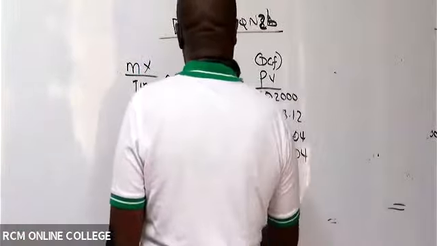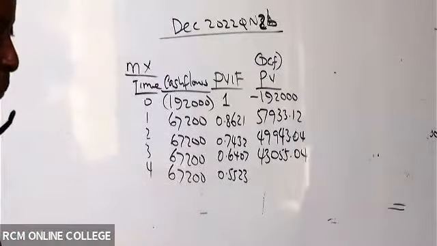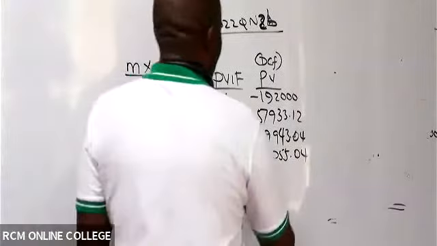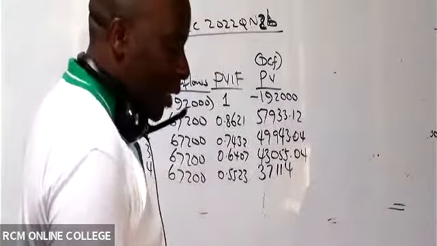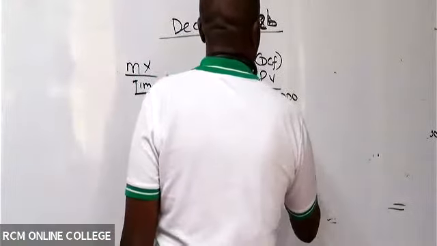And then now we have the last one, which will be this times that. That gives 37,114.56.